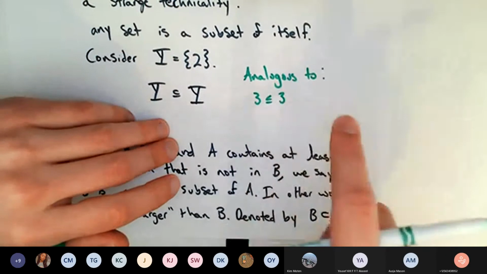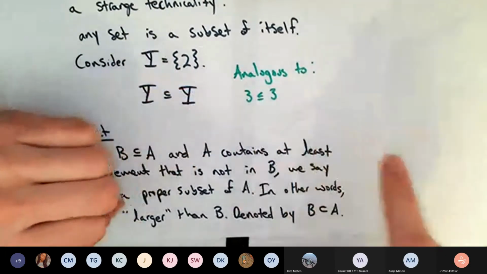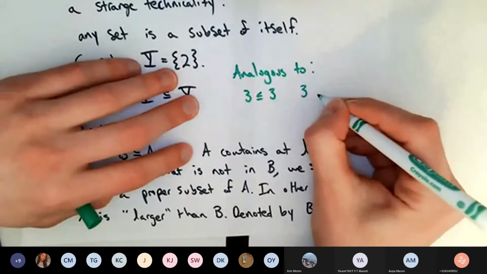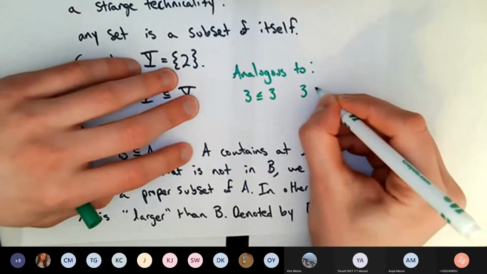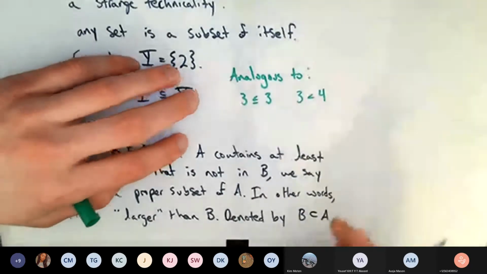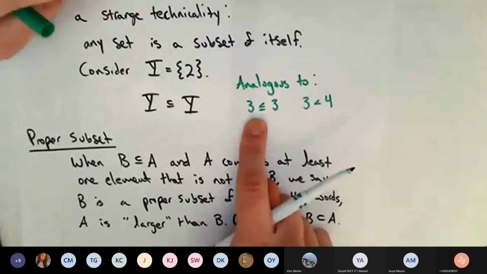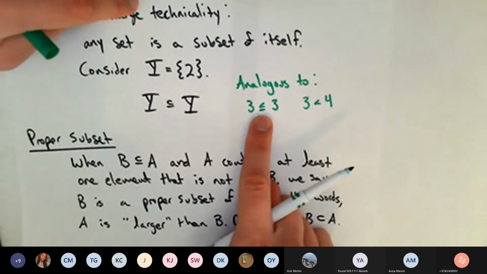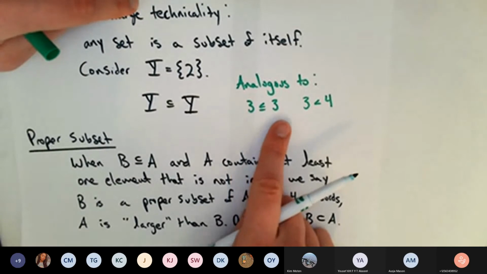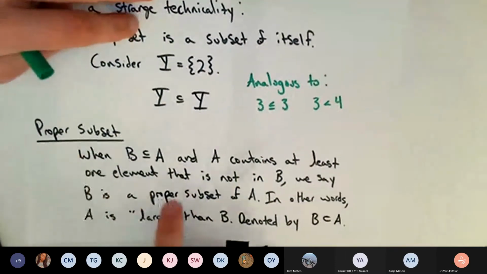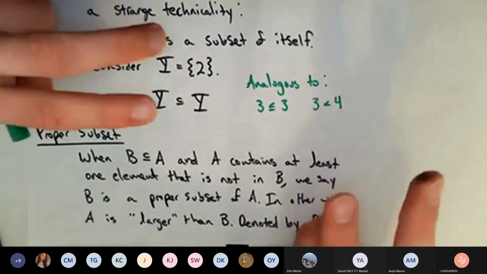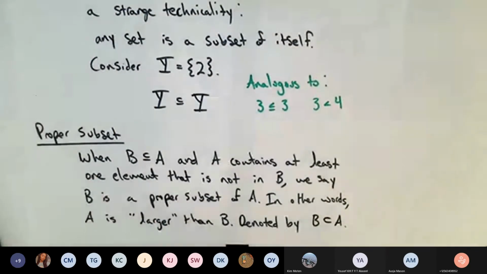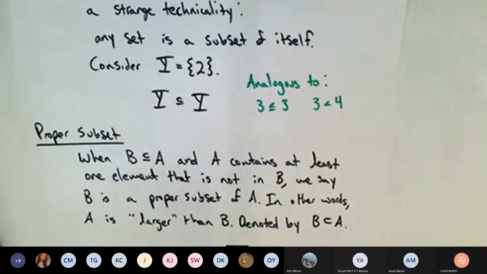But if I wanted to say 3 is less than 3, that's where we get into some trouble. So I can say 3 is less than 4. This is kind of like a subset, where it allows for a subset to be a subset of itself. But if you want a proper subset, then the other set has to be bigger. It has to contain at least one thing that the other one doesn't.